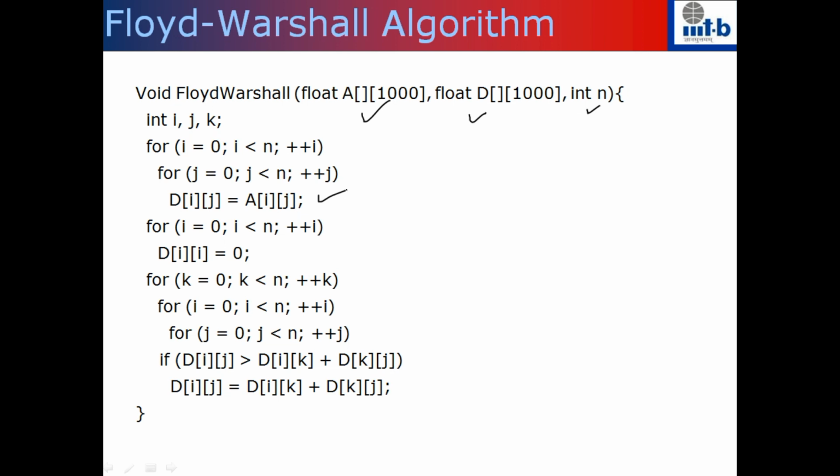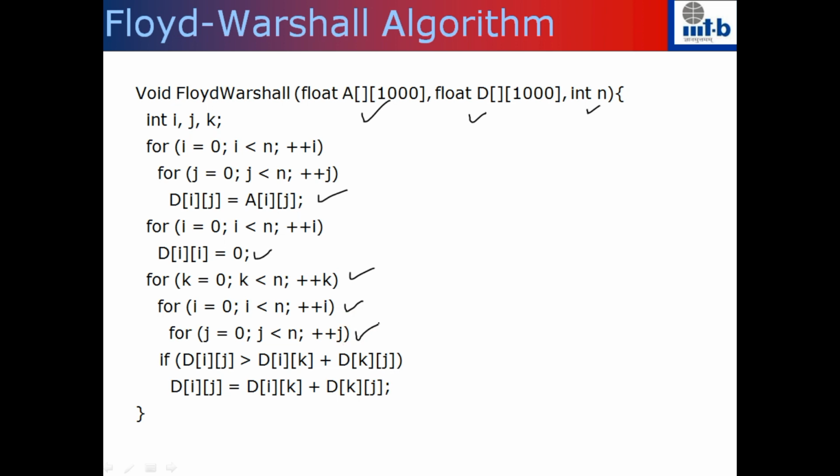If there is only one edge, then the weight of the path is exactly equal to the weight of the edge that you have. After that, all the diagonal entries we make 0, because when you want to reach i from i, the length of the shortest path is exactly equal to 0.